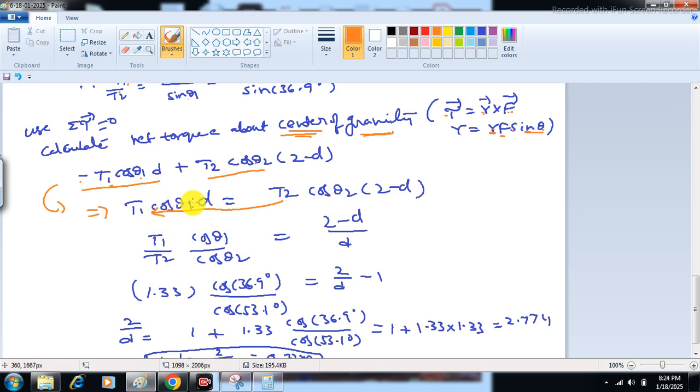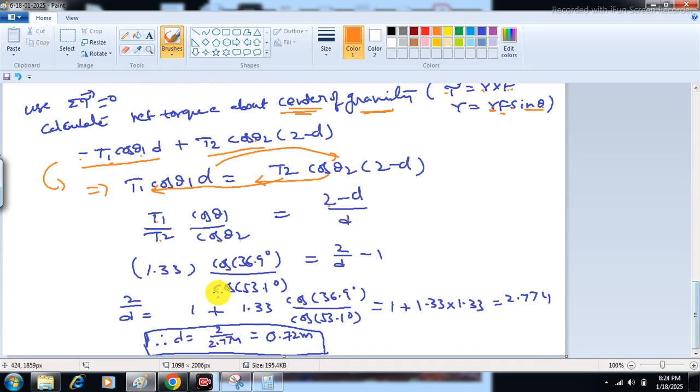This T2 brings left, and this cos theta 2 also brings left. T1 by T2 times cos theta 1 by cos theta 2 equal to 2 minus d, and d brings to the right, 2 minus d by d. Now substitute all these values.